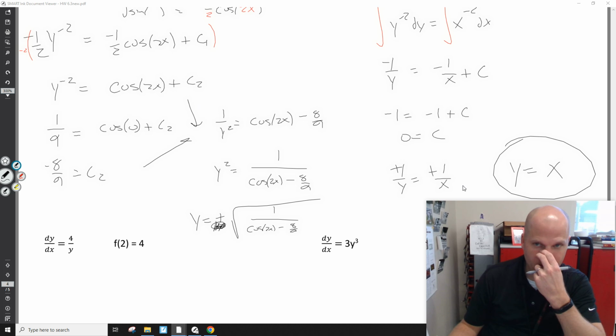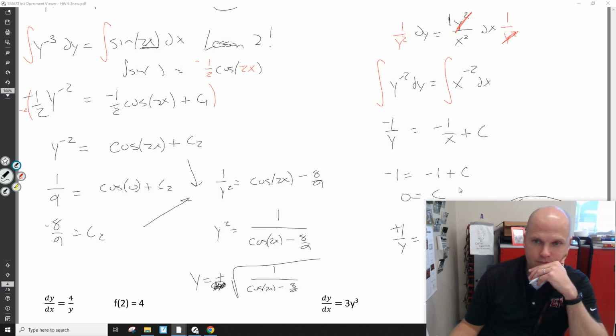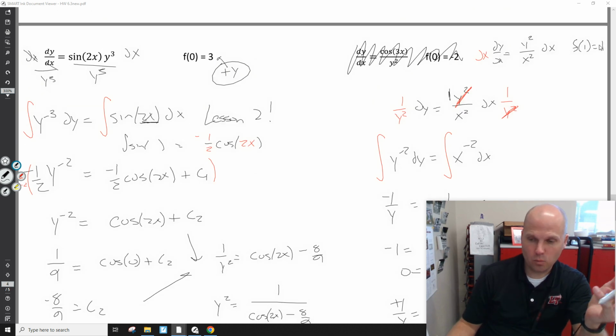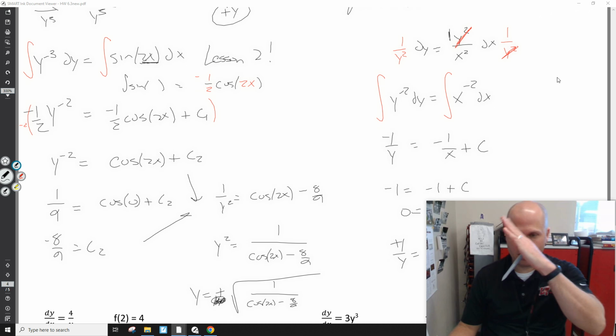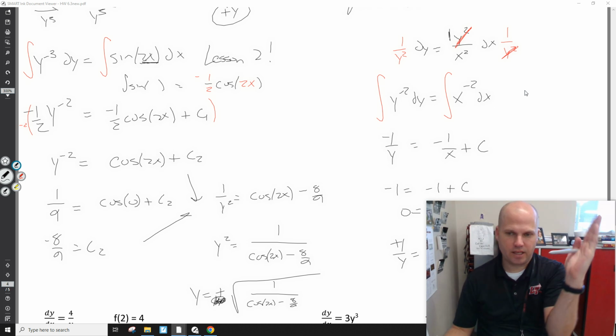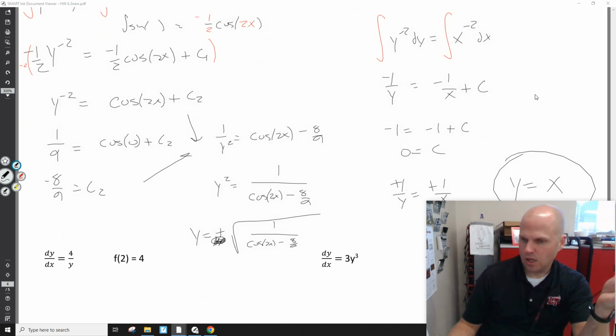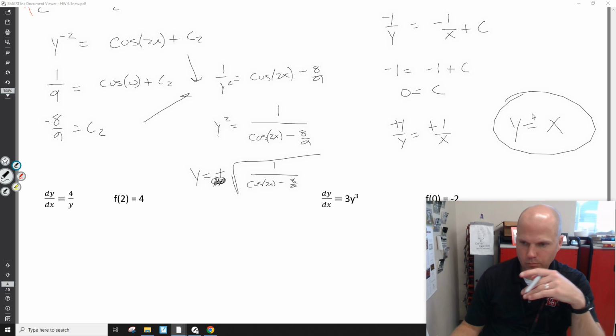I feel like it's more complicated than this. But the fact that you have this point (1, 1) means you have to be on this line. If it was anywhere else, it'd be like a multiple of x. But whatever, we're good.